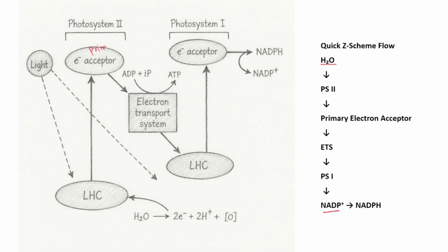From there, the excited electrons move down to ETC, that is electron transport chain, which consists of chain of carriers, that is plastoquinone, second cytochrome, and third one is plastocyanin. As the electron passes through cytochrome, energy is used to pump the protons into thylakoid lumen, driving ATP synthesis.